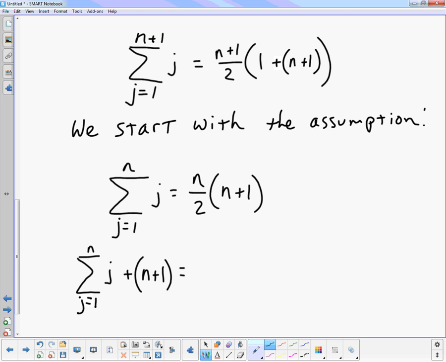So, I'm adding it to the left-hand side. If I'm adding it to the left, I had better add it to the right.